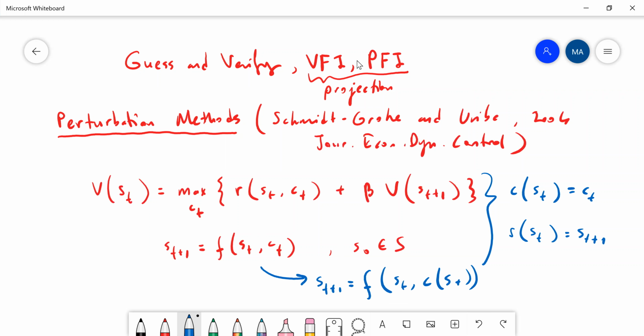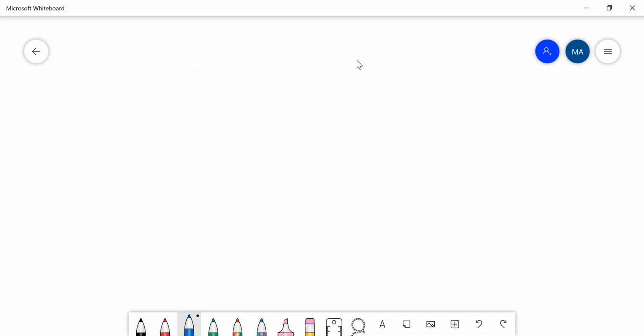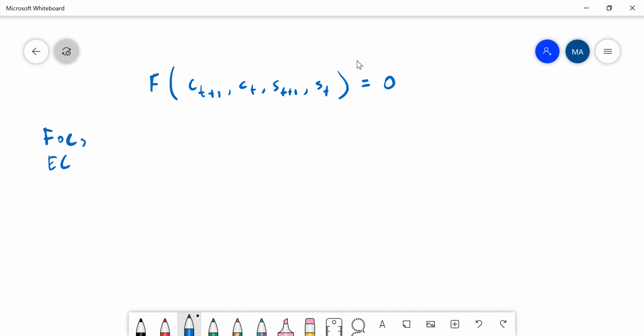So the idea of the perturbation method is basically this. So we want to find at the end a function of control and state variables. Okay, and as you know, after first order conditions and envelope conditions, right, I basically find a vector of control-like variables and state-like variables.